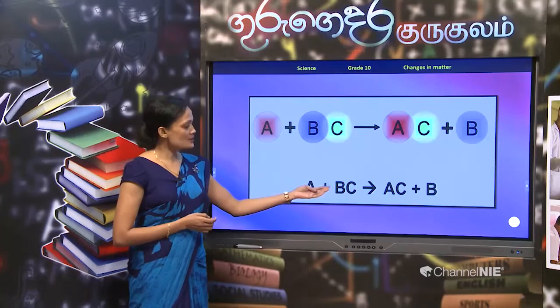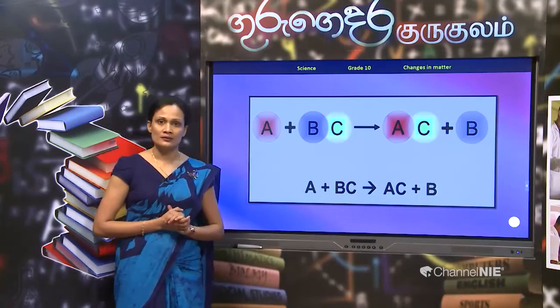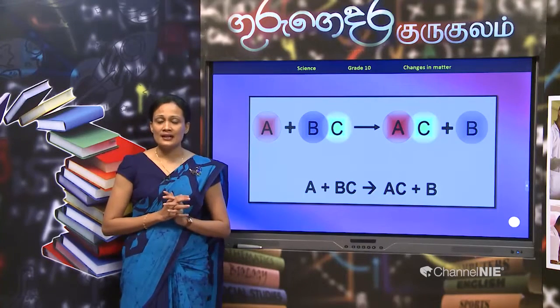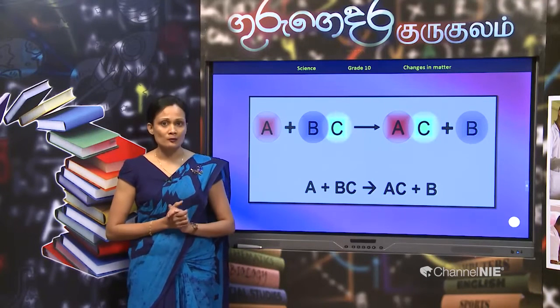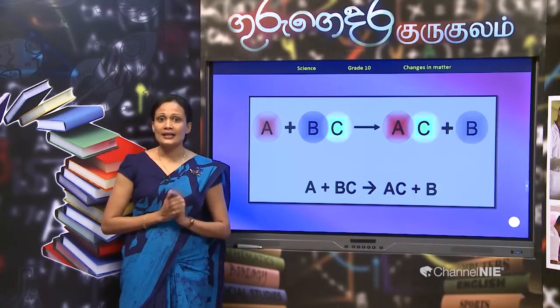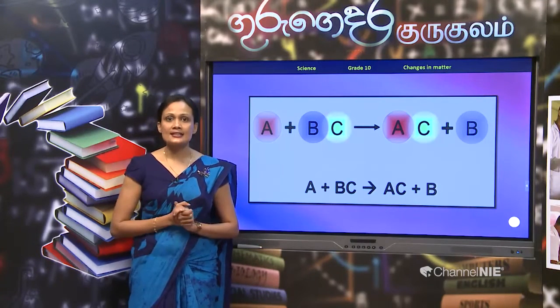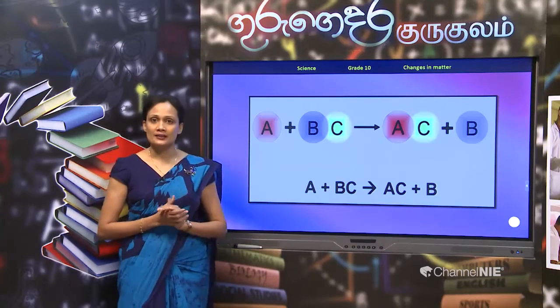A displaces B and forms another compound. In that way, elements react with compounds and form another compound. That's why we can take this type of reaction as a single displacement reaction. This is the common formula of it.